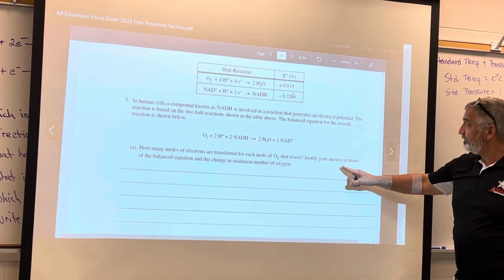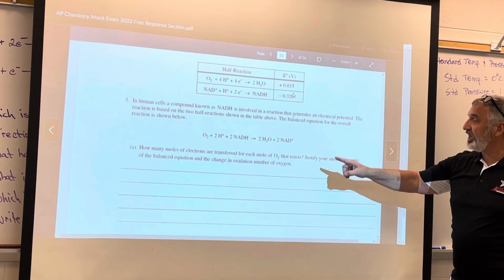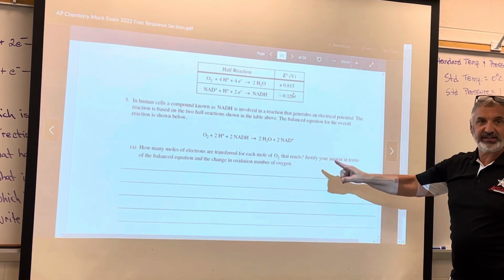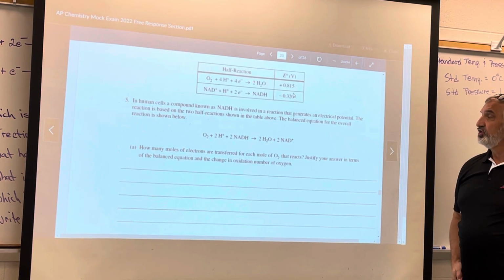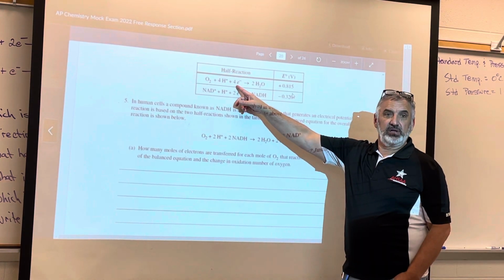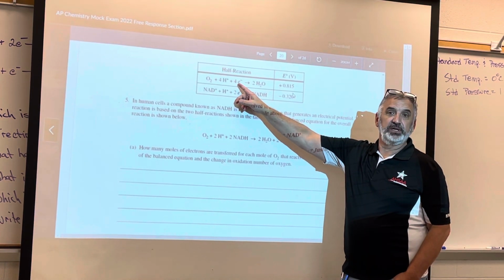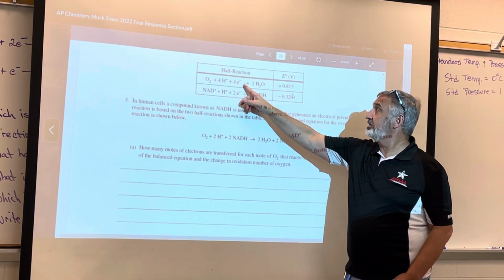But it says, justify your answer in terms of the balanced equation and the change in oxidation number of oxygen. Okay? A lot of people put 2, but 4 electrons are going to get transferred. It says it right here.